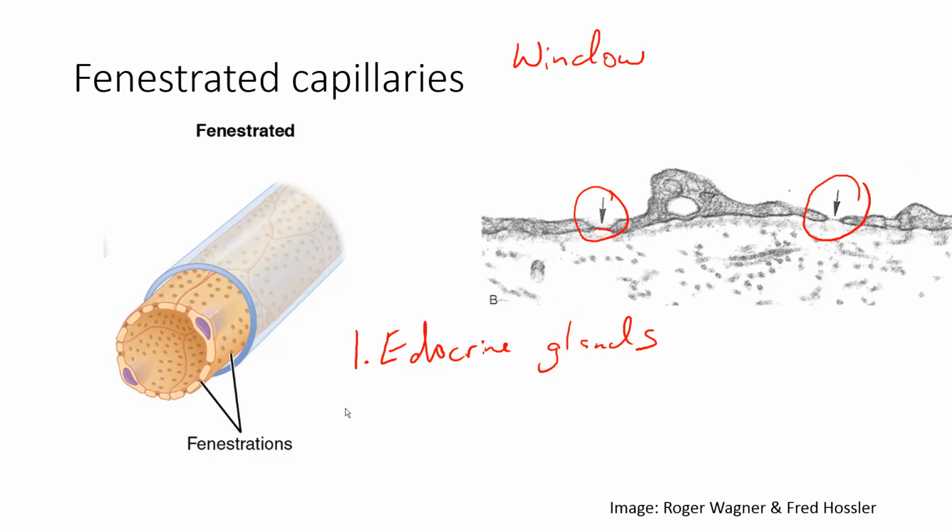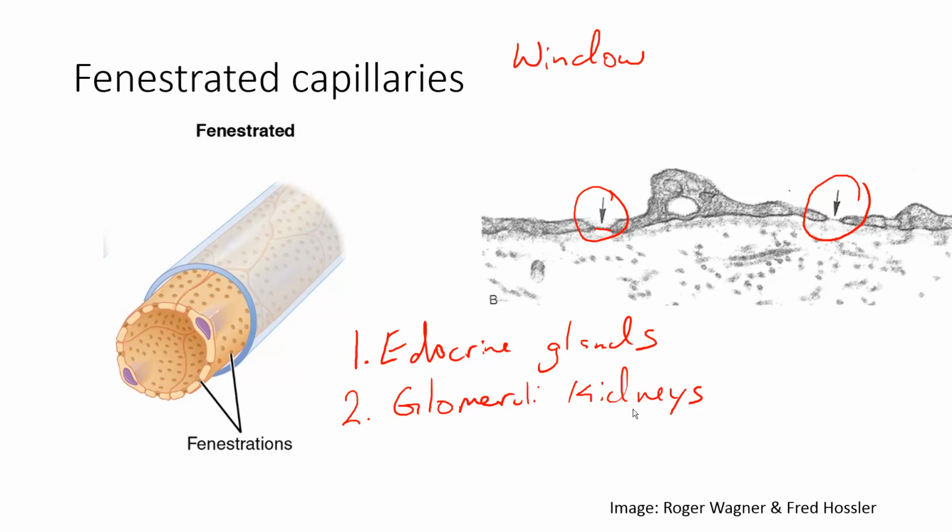The other place where we find these is in the glomeruli of the kidneys. In this case, we want increased transport to get stuff out. We want to get waste products from the blood space into the tissue space of the glomerulus so that those waste products can be excreted by your kidneys, since that is in fact their job.